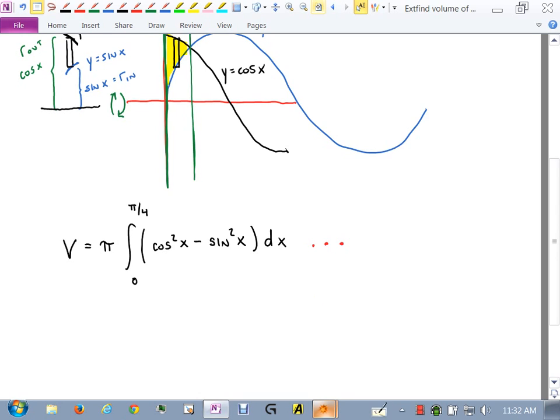Okay, let's try something a little more interesting. Can anybody tell me real quick, what is the volume of a solid sphere, a ball, radius r? 4/3 pi r cubed.